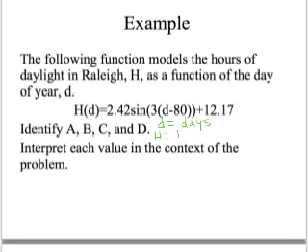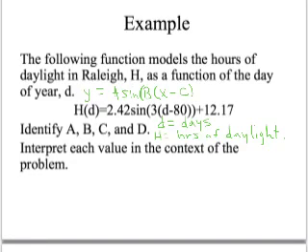Okay, and we know that the function y equals a sine parentheses b parentheses x minus c plus d is the equation that I can use. So finding a, b, c, and d is not hard, it's interpreting it. So A is 2.42, and A is an output, so 2.42 hours of daylight is my A.